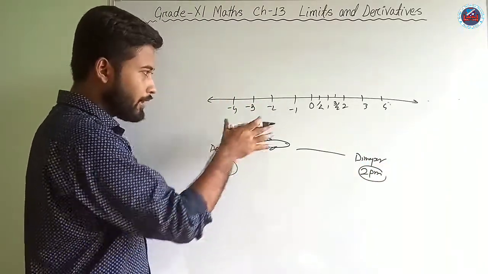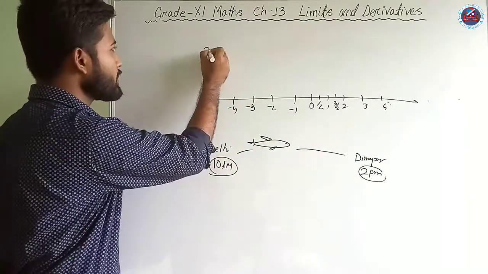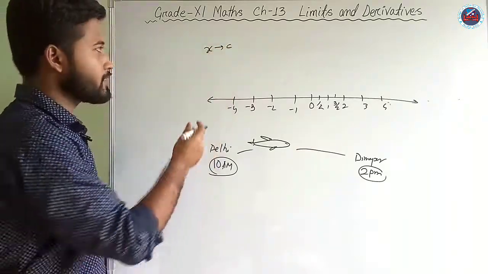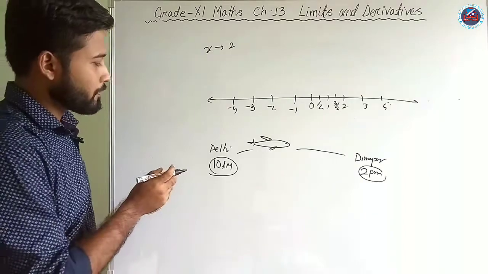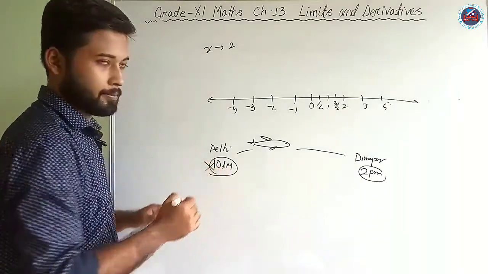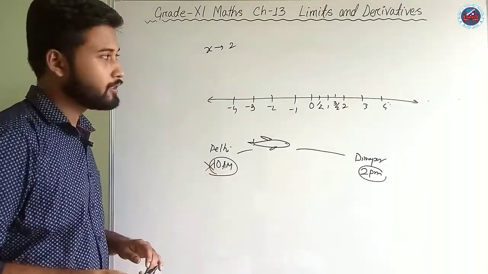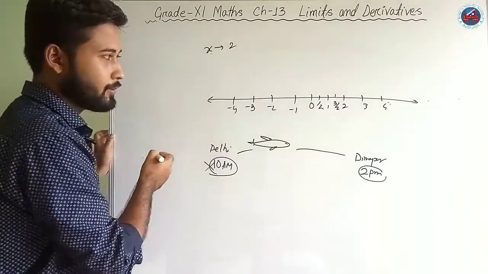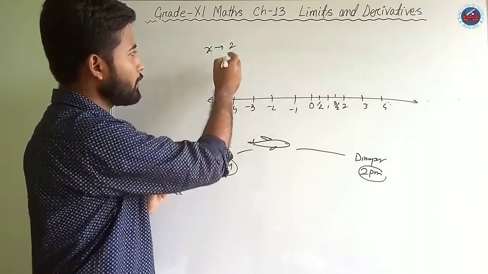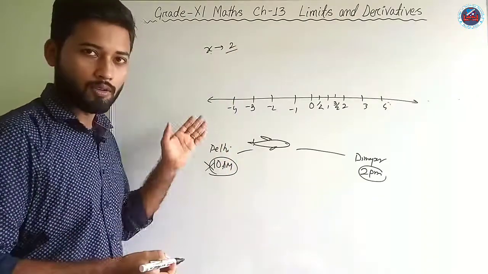Okay, but in case of real numbers, when we say x is tending to c or x is tending to 2 or any real number, then we do not have the starting time. That means we do not know from where x is starting, but our limit is to go to 2.